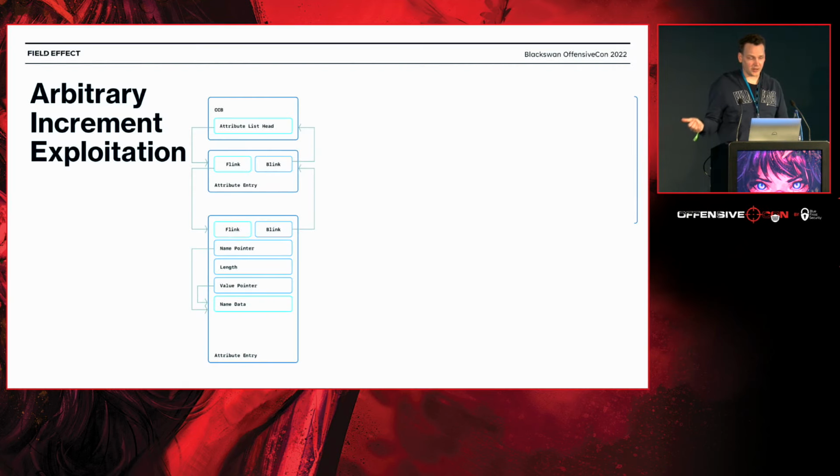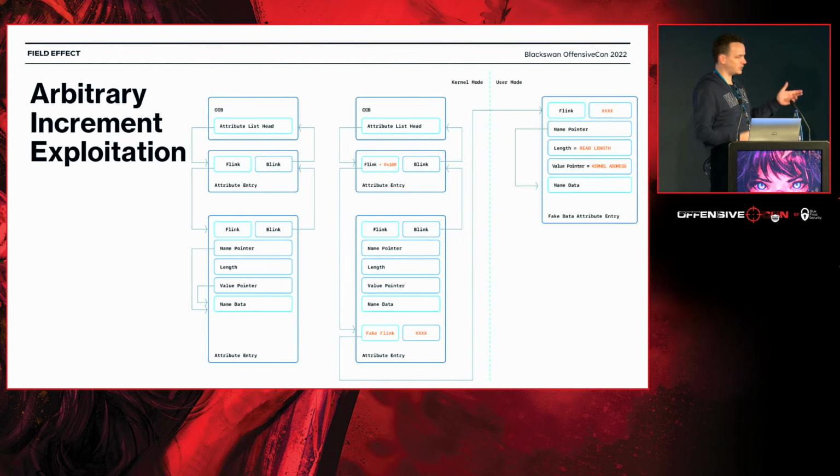And then to turn that into an exploit, this is just like the example I said at the beginning, where if you can corrupt one of these Flink headers, you can point it down into the data section. So we use the increment to do a misaligned increment. We can add 0x100 bytes onto the value of the Flink. It points down into the actual attribute data that we fully control, and we have an arbitrary read.